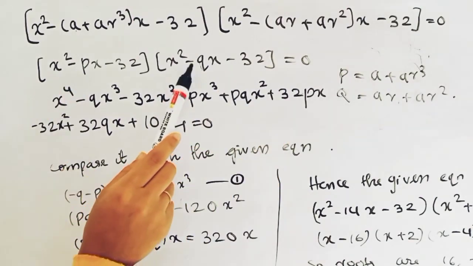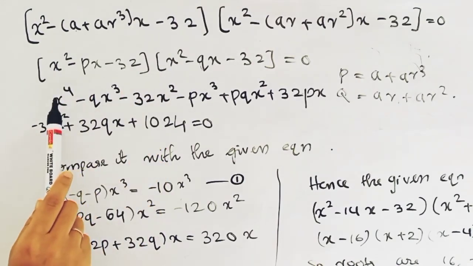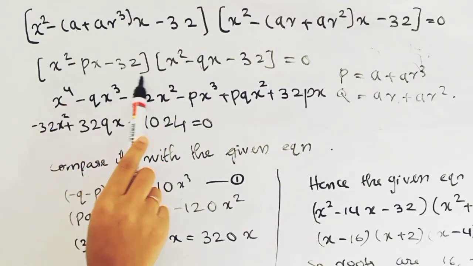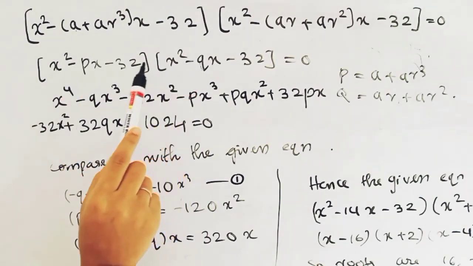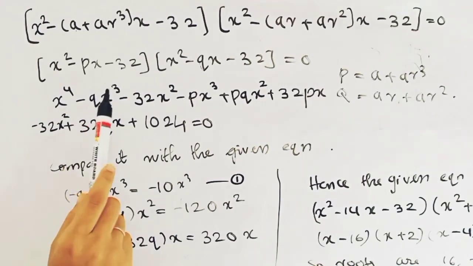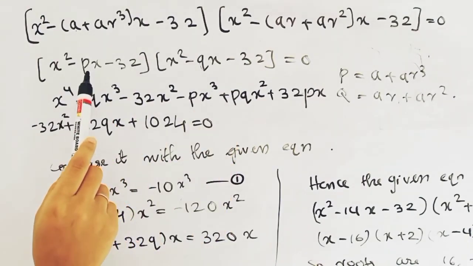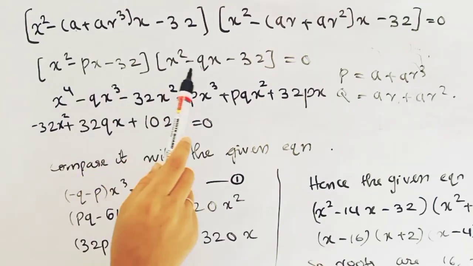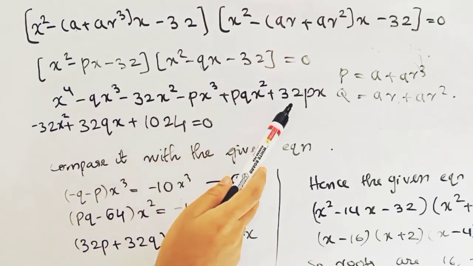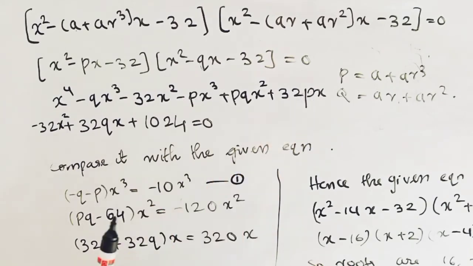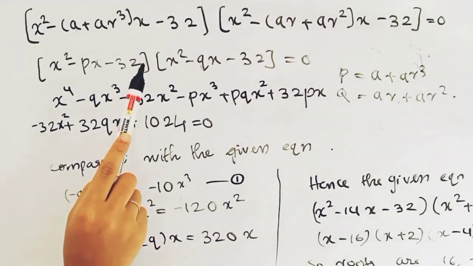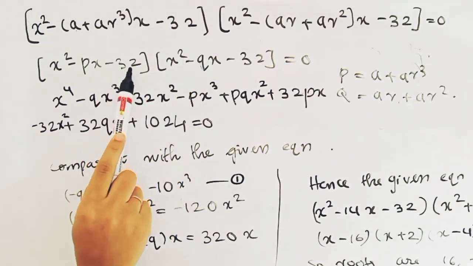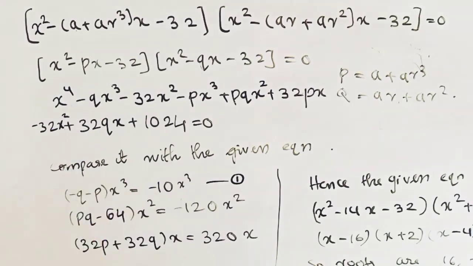While multiplying this, x square into x square gives x raised to 4, then minus qx cube minus 32x square minus px cube plus pqx square plus 32px minus 32x square plus 32qx plus 1024 is equal to 0.